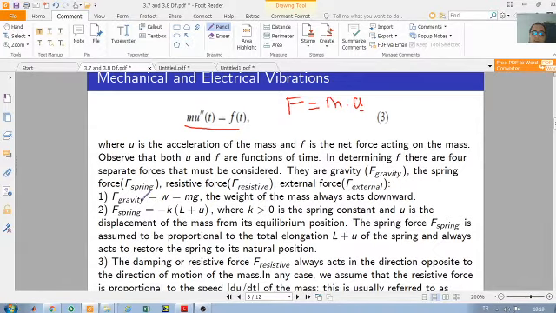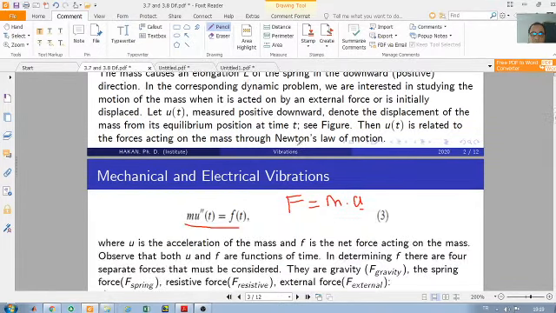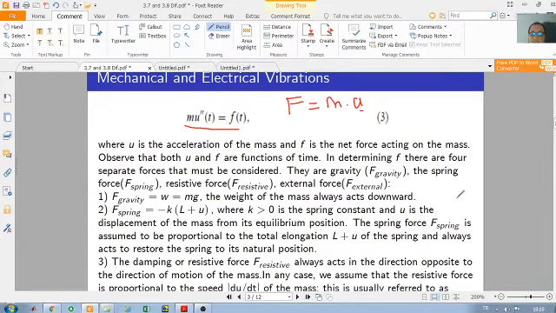The gravity force, you know, is the multiplication of the mass and the gravitational acceleration g. The weight of the mass always acts downward. Therefore, the gravity force is in the positive direction.